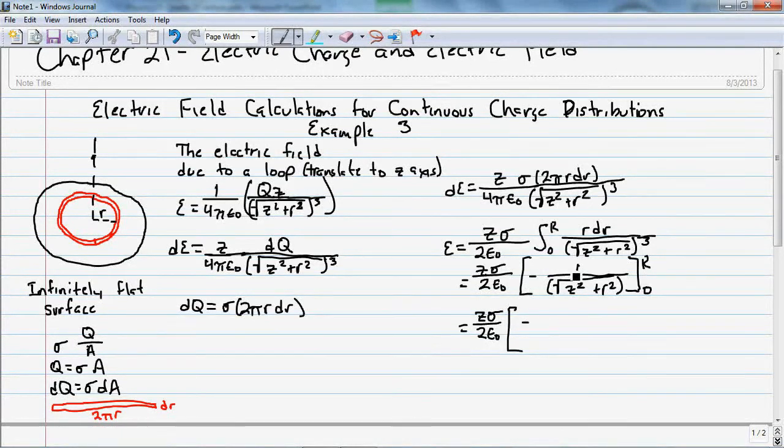So if I put r in for little r, I get minus 1 over z squared plus r squared, and I don't have a square root, minus 1 over, or I should say minus a minus, so that'll be a plus, and that will be 0 in for that, so it's going to be the square root of z squared.